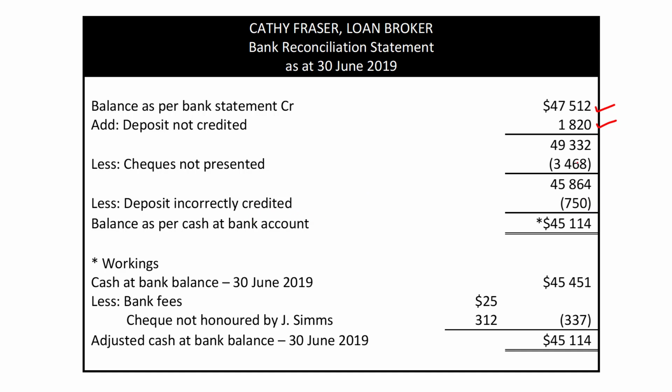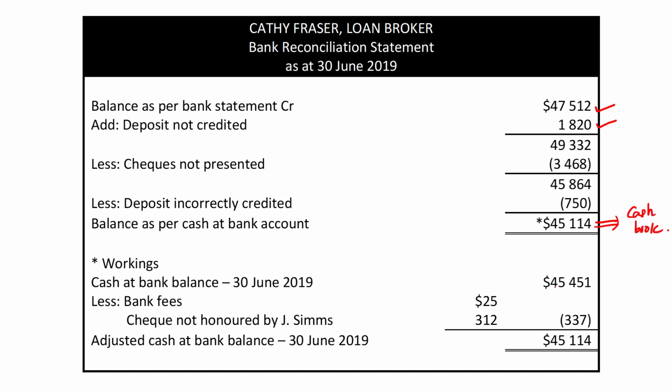After adding and minusing these adjustments, we get a new balance of 45,514. This should be the correct balance of our cash book.